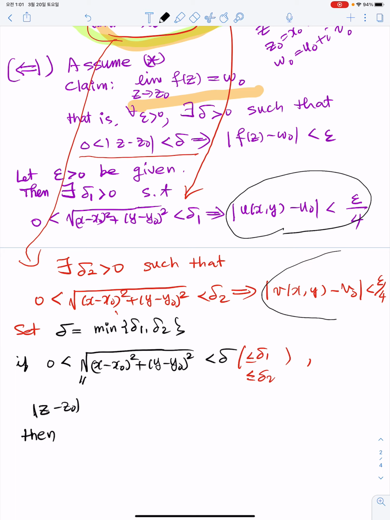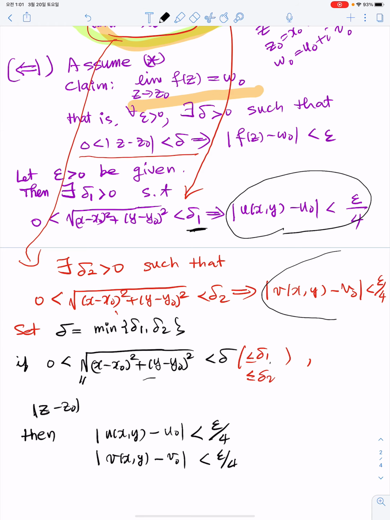Then |u(x,y) minus u0| is less than epsilon over 4, and at the same time |v(x,y) minus v0| is less than epsilon over 4.